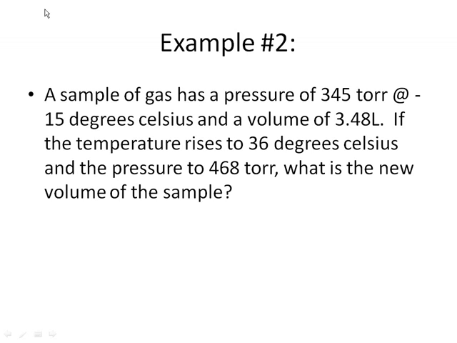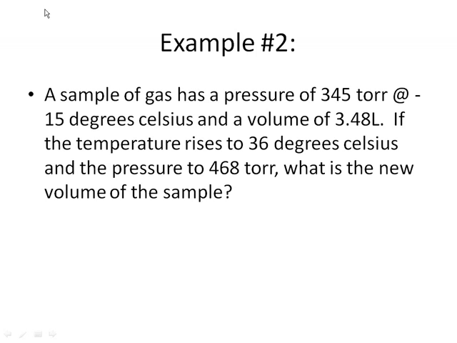And generally what happens in this second type is I have a sample of gas and I change something about it, either the temperature or the pressure or the volume, but a chemical reaction does not occur. So I won't have any chemical reactions occurring. I'm just taking a sample of gas, and changing its pressure, temperature, or volume, and finding out something new about it.